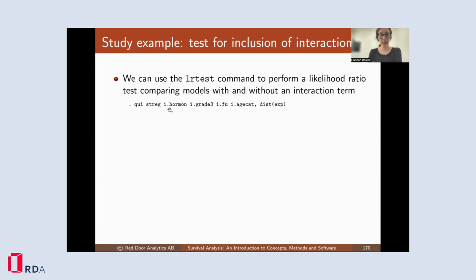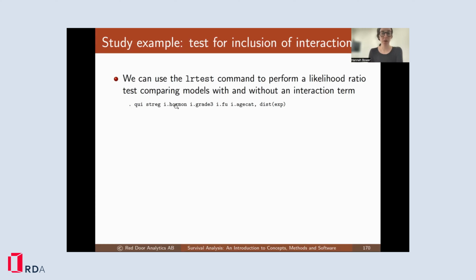So I fit the model here, and this is an streg, an exponential. If you look at the distribution here, we have dist exp. So we fit an exponential distribution model here, but we include this follow-up variable, FU. So what we're actually fitting is a piecewise exponential model. We allow the rates to change across the timescale in these three different time categories, if you remember before, that go from 0 to 2 years, 2 to 5 years, and 5 to 8 years.